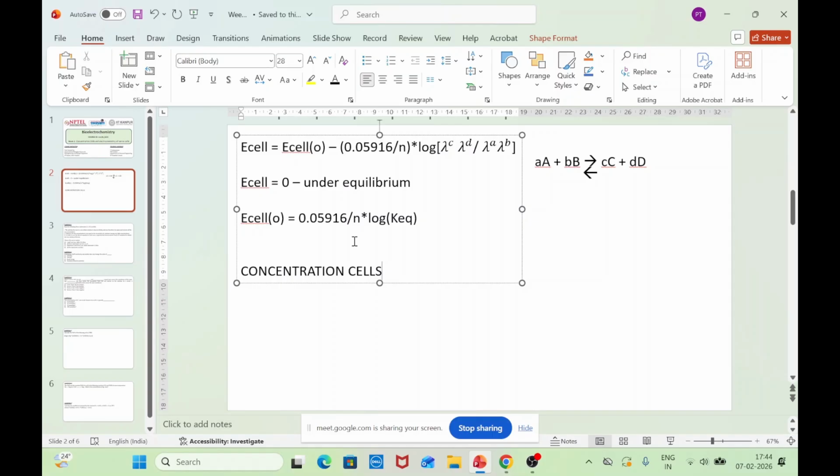Assume a case where I am going to connect two half cells with the identical electrodes and electrolyte. Under this condition, will there be any current flow or not? Yeah, exactly. As someone just now said, there will not be any current flow. So let me write this.